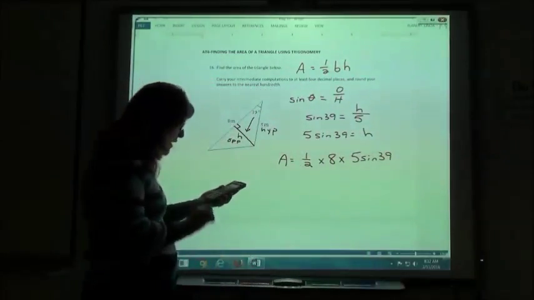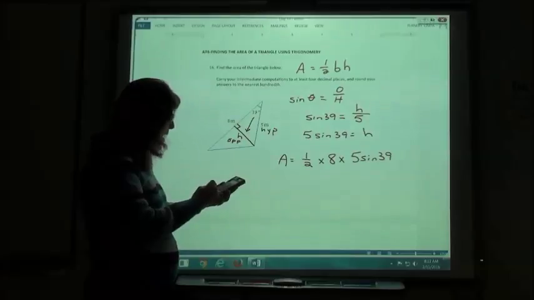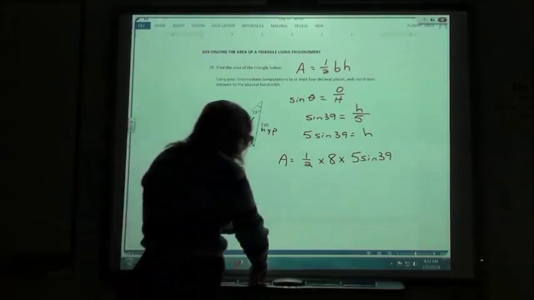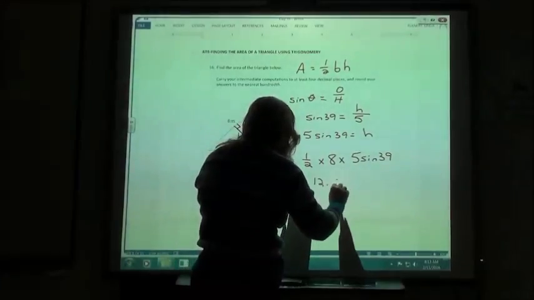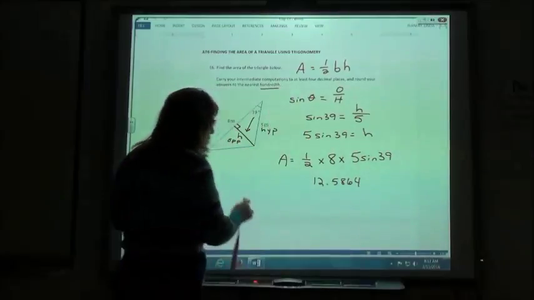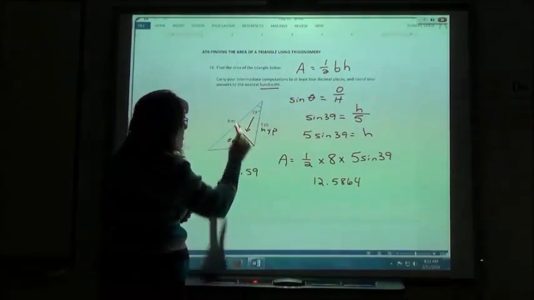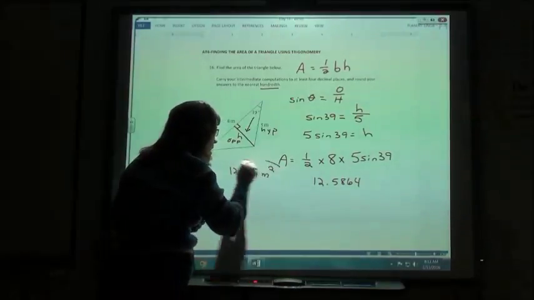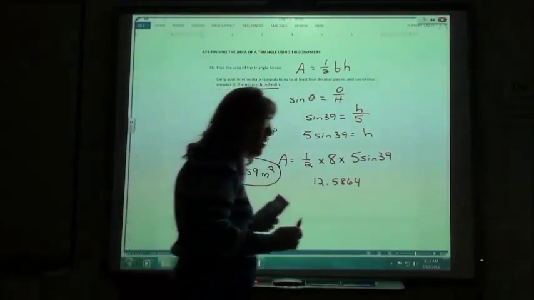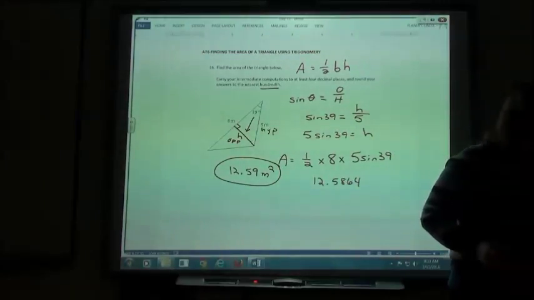So 1/2, or 0.5, times 8 times 5 sine of 39 gives me 12.5864. We want to round to the nearest hundredth, so 12.59. I'm in meters, and since I'm doing area, I would have meters squared. So 12.59 meters squared is your answer.